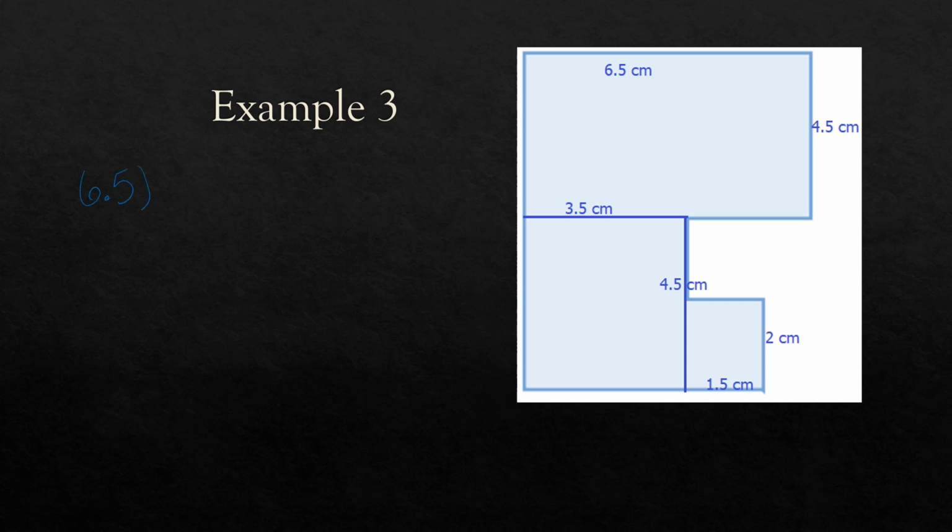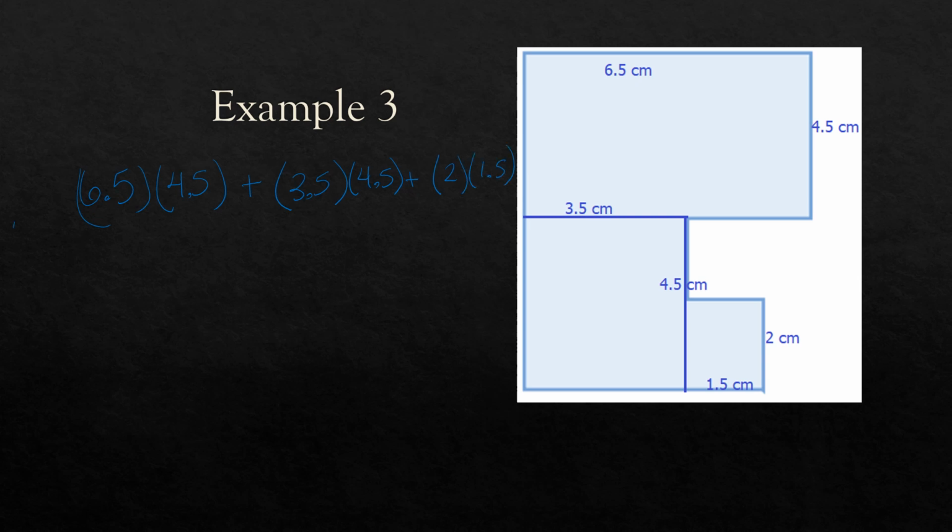So 6.5 times 4.5, the area of a rectangle is just base times height. Then I'm going to add the medium rectangle, 3.5 times 4.5. And then I'm going to add the small one, which was 2 times 1.5.